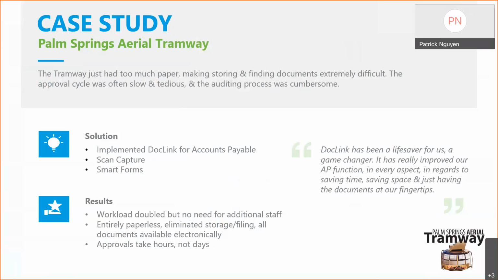The Palm Springs Aerial Tramway uses DocLink also for their journal entries into the ERP system that they're using. So the workload really helped, and the volume of invoices that they were growing really benefited by implementing DocLink, and they still use it today.